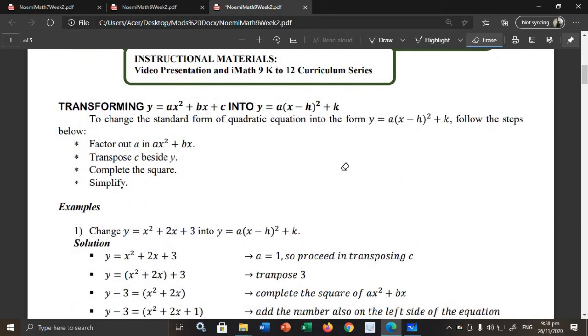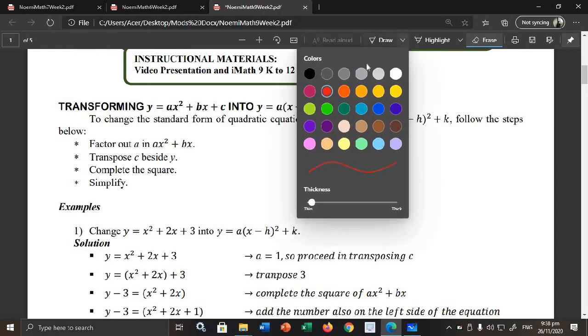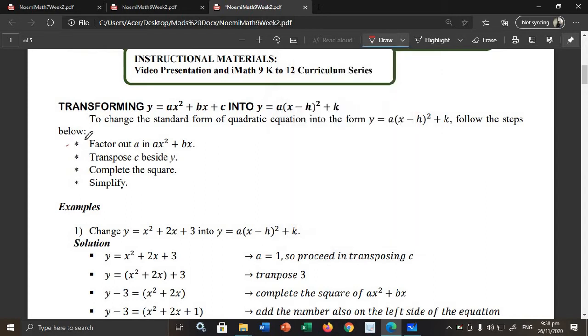So these are the steps in changing the standard form of quadratic equation into the new form of quadratic equation, which is y is equal to a quantity x minus h squared plus k. The first one that we need to do is factor out a in ax squared plus bx.